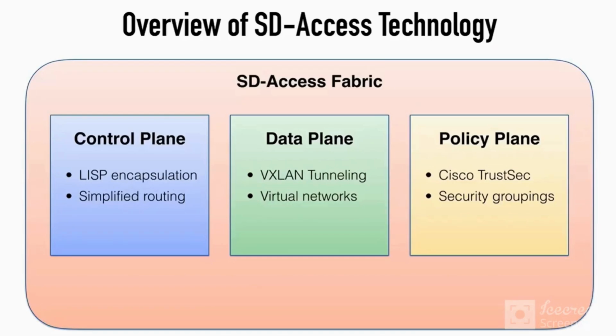The VXLAN encapsulation allows for not only Layer 3 overlay networks, but also for creating separate virtual network instances where separate policies can be applied and enforced. So know that the control plane uses LISP data encapsulation, while the data plane uses VXLAN encapsulation. Both of these encapsulations will be examined closer later in this series.